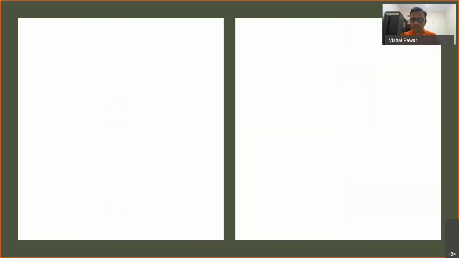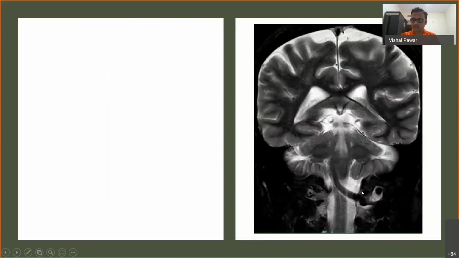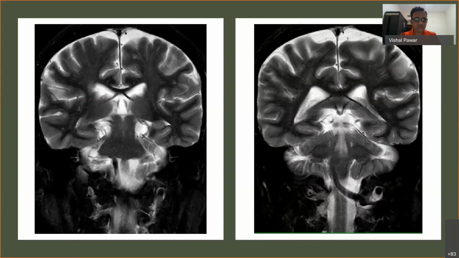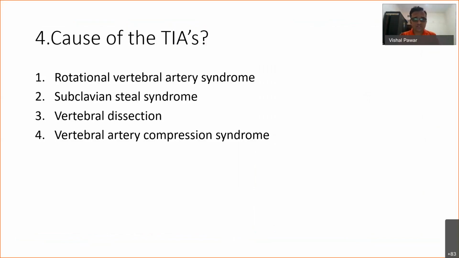So you can see a large vertebral artery, which is dolichoectatic, going from the left side towards the right side in its course, and compressing the anterolateral surface of the medulla on the right side. So what could be the cause of transient ischemic attack in this patient?